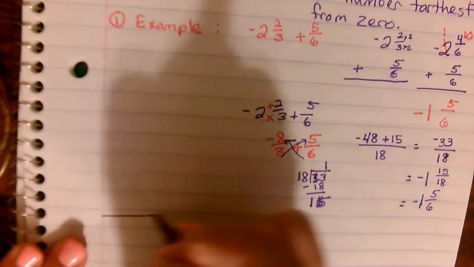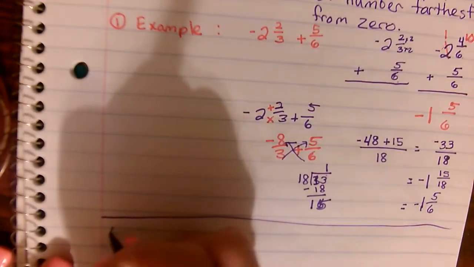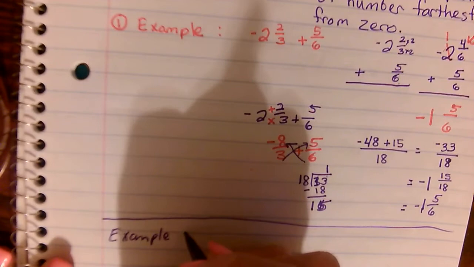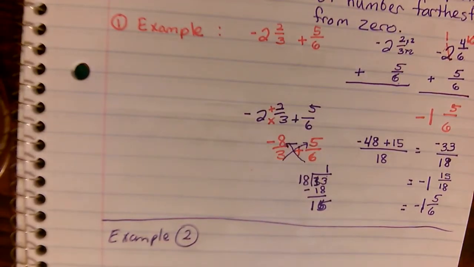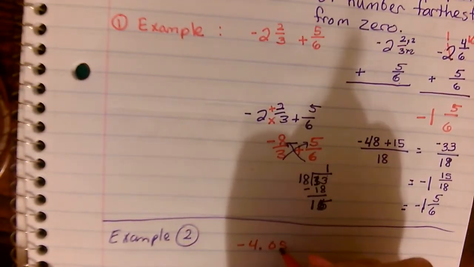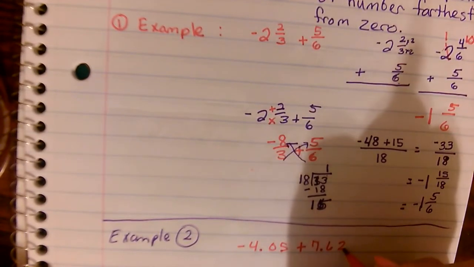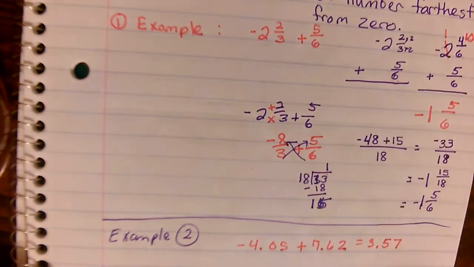Let's look at another example. Example 2. We have negative 4.05 plus 7.62 equals 3.57.